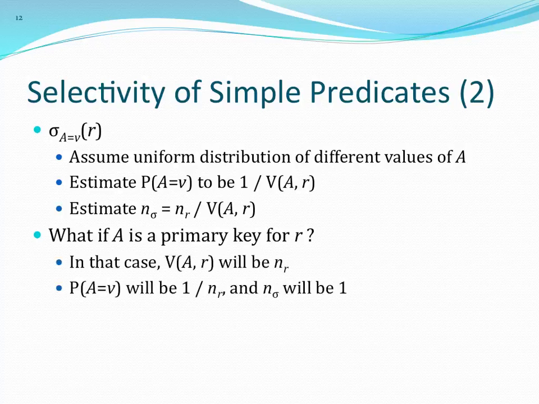Okay. The number of distinct values of that attribute A in R is going to be the same number as the number of tuples in R. So given that that's the case, if we plug that in, then we end up with 1. So that's pretty nice. Okay. Now you don't want to jump through all the hoops if you know it's a primary key, because there's other things you can optimize as well, but at least the math works out.